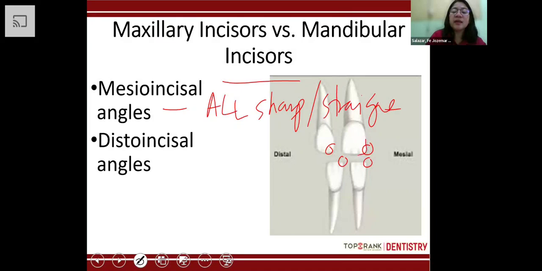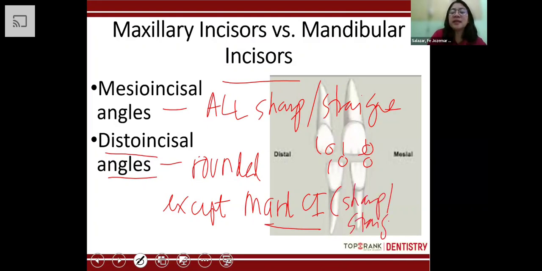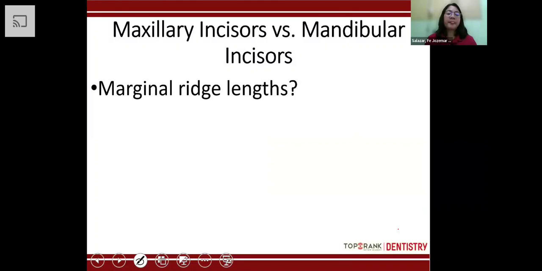But the disto-incisal angles for your maxillary and mandibular incisors are rounded. But there is an exception, di ba? Rounded, rounded, rounded, except the disto-incisal angle of what tooth? Ano yung exception dyan? Yes, very good. Mandibular central incisor, because the disto-incisal angle of a mandibular central incisor is also sharp or straight. 90-degree angle pa rin.